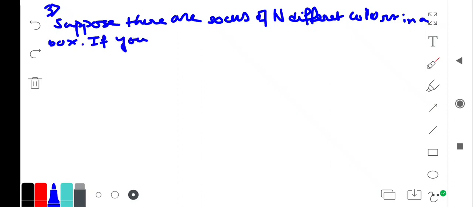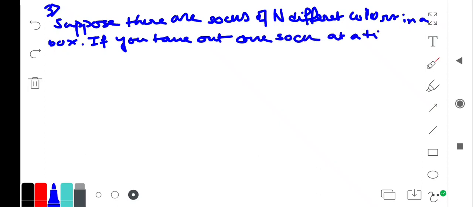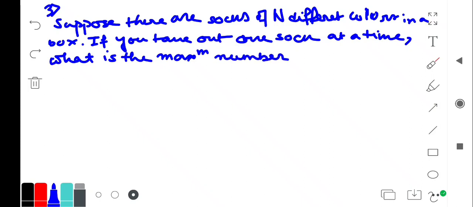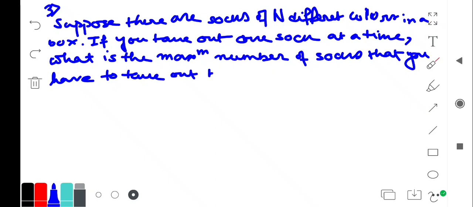If you take out one sock at a time, what is the maximum number of socks that you have to take out before a matching pair is found?